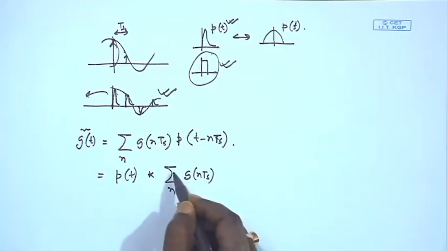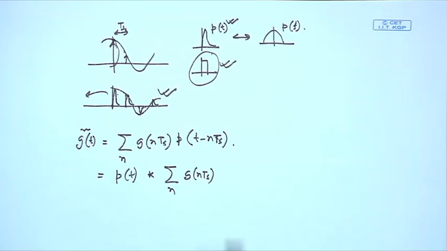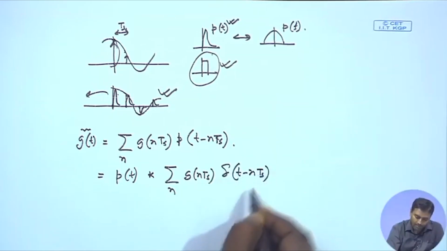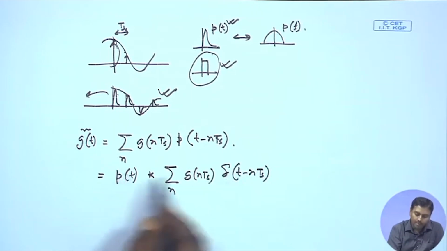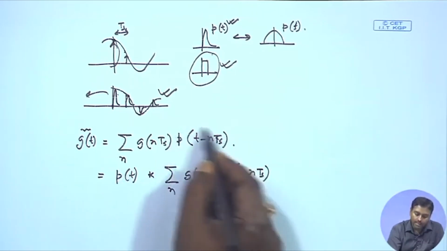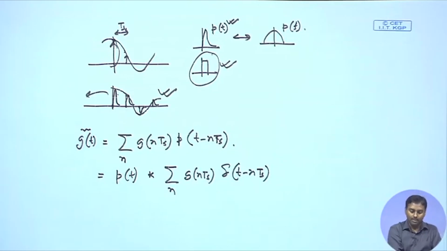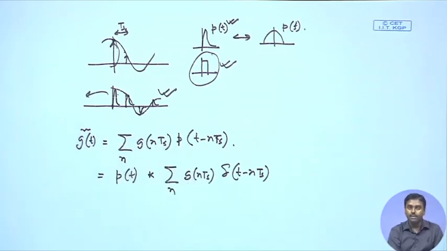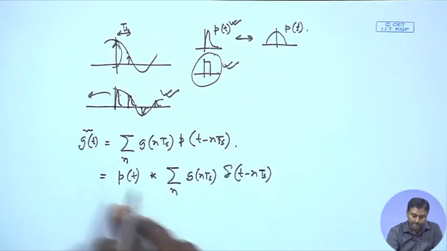Whether I write it inside or outside the convolution, it is all the same. Wherever the delta position is, p will be convolved with it and create a pulse at that position. Correspondingly, g(nTs) will be multiplied and I get the same thing. So, I can have a representation like this.